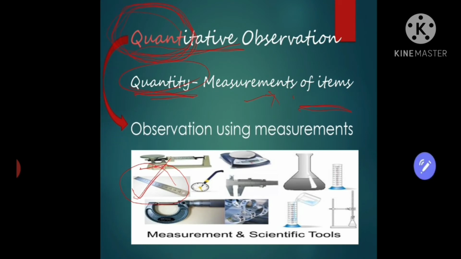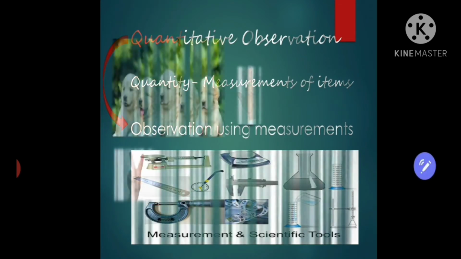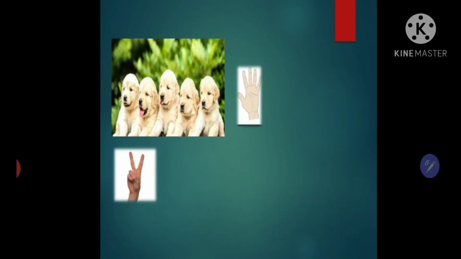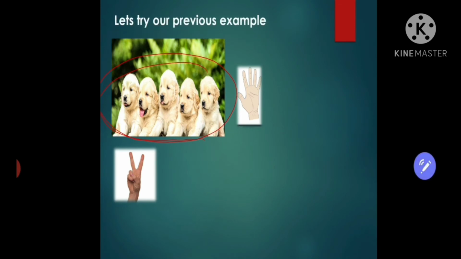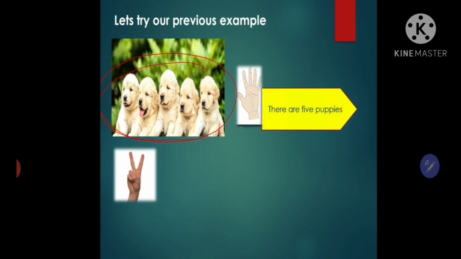Like for example, this one. Let's go back to my 5 cute puppies. How will you observe the puppies? Can you give me your quantitative observation about the puppies? You see the 5 fingers here? So you are referring to numbers. So I must say that there are 5 puppies.